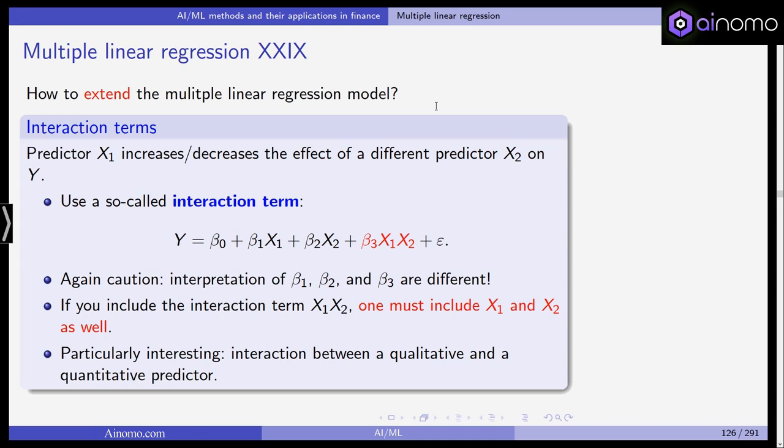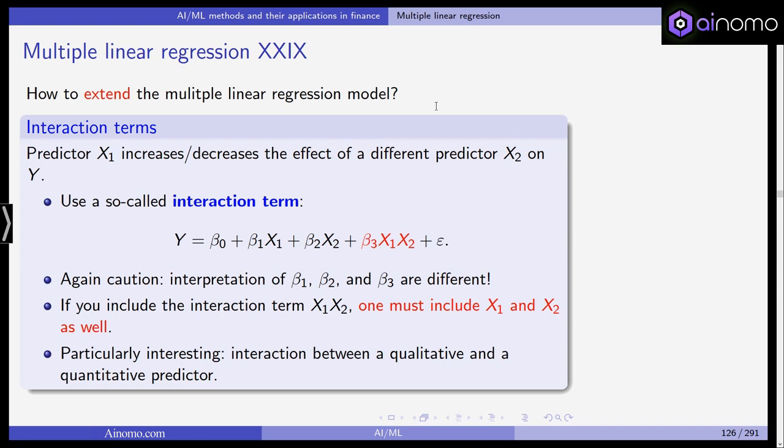Again, be careful when interpreting the coefficients beta 1, beta 2 and beta 3. Beta 3 is the interaction term. It means that it measures the effect of x1 on y if x2 changes. The coefficients beta 1 and beta 2 now also measure something different. Actually, it's now even more important when you're using qualitative predictors.